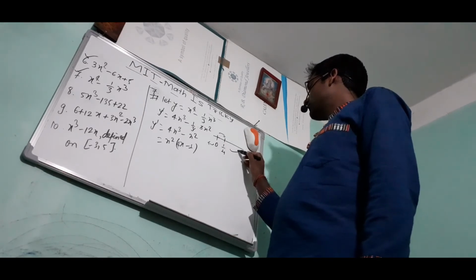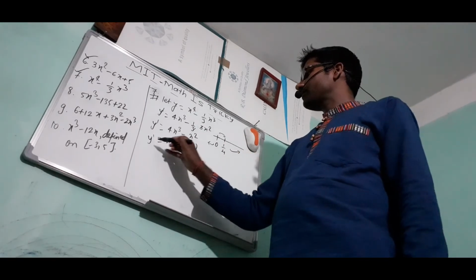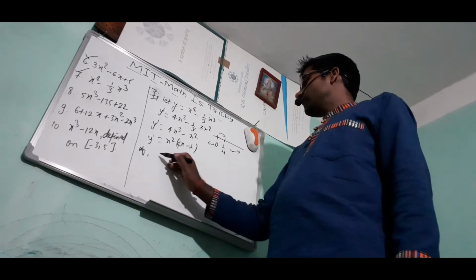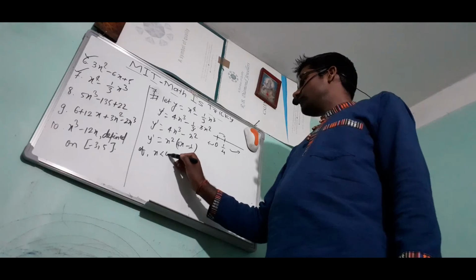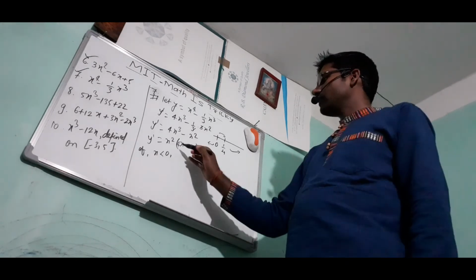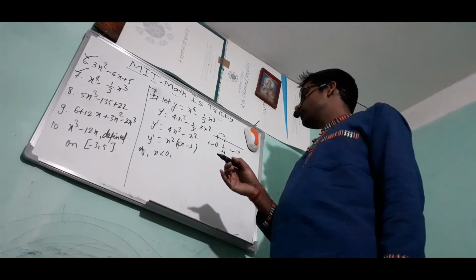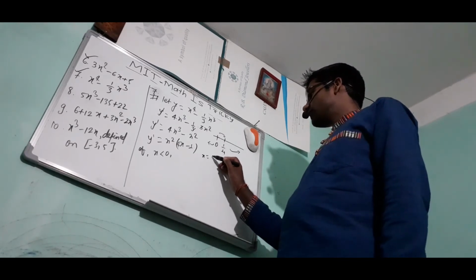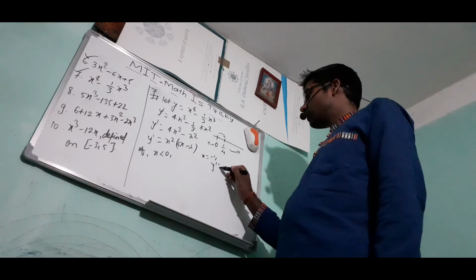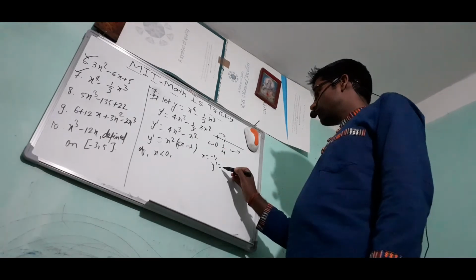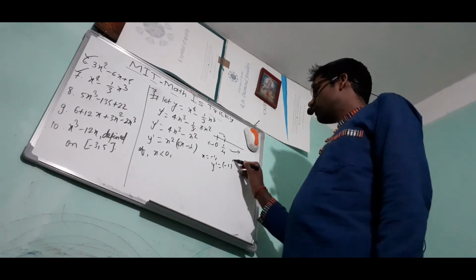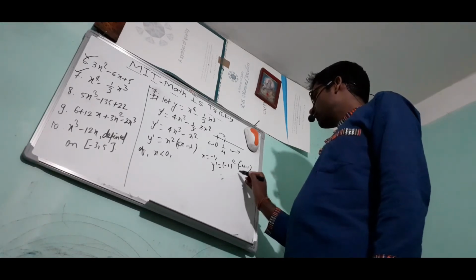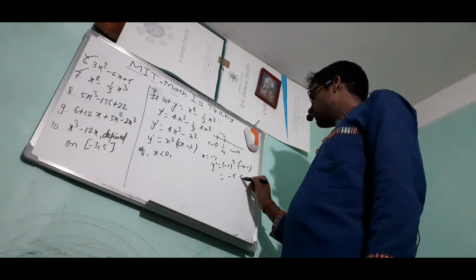If we take x less than 0, we can take any number less than 0, let's take minus 1. So y dash becomes minus 1 square times, minus 4 minus 1, it gives minus 5, which is less than 0.